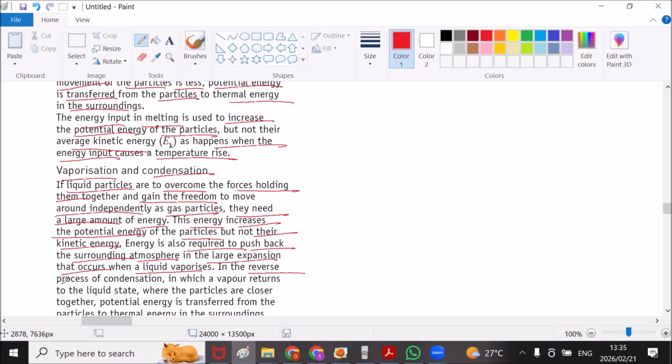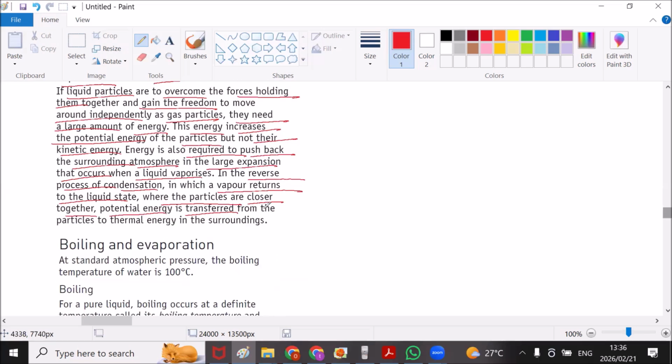In the reverse process of condensation, in which a vapor turns to the liquid state, where the particles are closer together, potential energy is transferred from the particles to thermal energy in the surroundings. Boiling and evaporation.